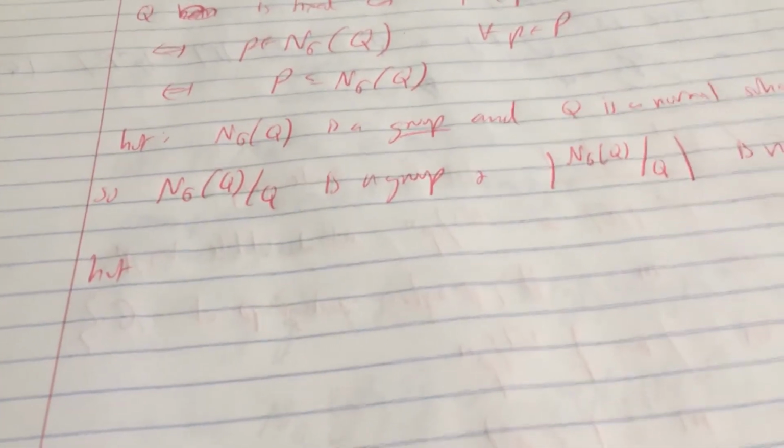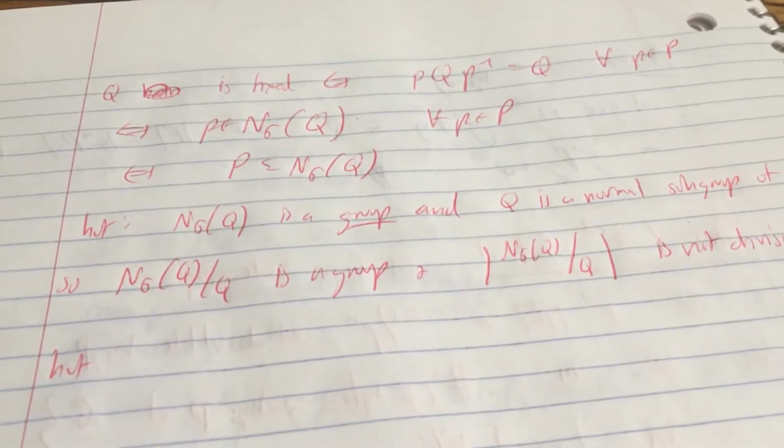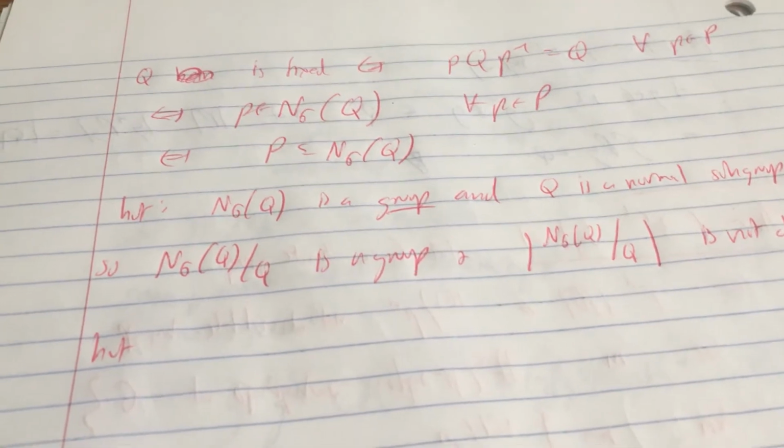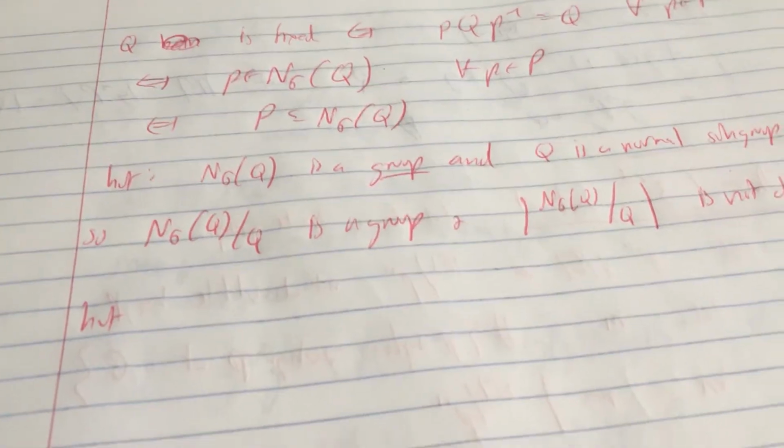The image of P is a subgroup. P is some subgroup of NGQ, and the action by conjugation by P is supposed to fix Q. So now P acts on NGQ by conjugation, fixing Q by assumption.